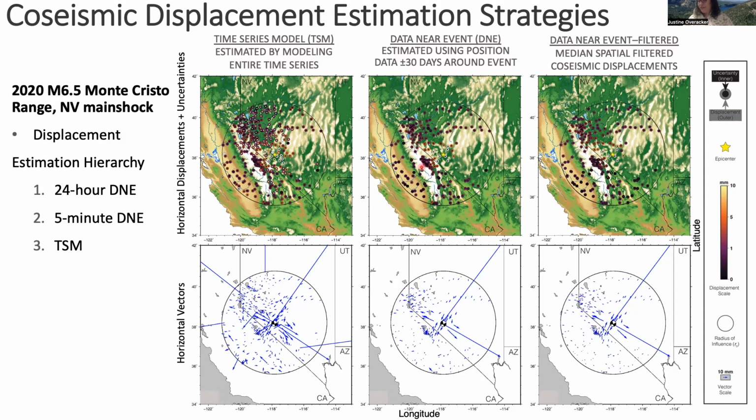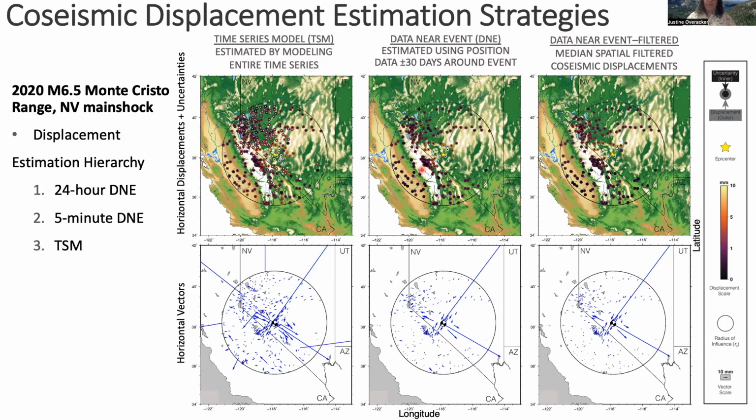This data near event method uses position data within 30 days before and 30 days after the earthquake to estimate displacements. And this is what I worked on for part of my time here. So this new strategy infers both a trend and a coseismic displacement based on medians and Theil-Sen statistics similar to the Midas algorithm.